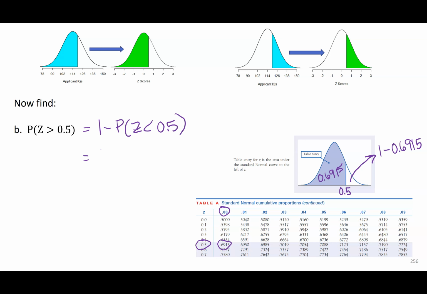I'm using that complement rule, throwback to last week. I'm going to get something like 0.3085. Definitely check me on that. When I talk like that, I'm usually doing the math in my head. So in essence, if 69.15% of the other applicants are less than Sepida's IQ at College 1, that means 30.85% are above.